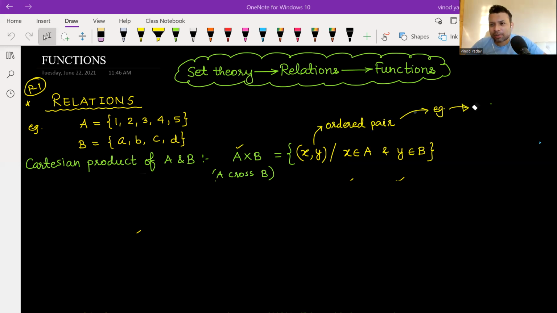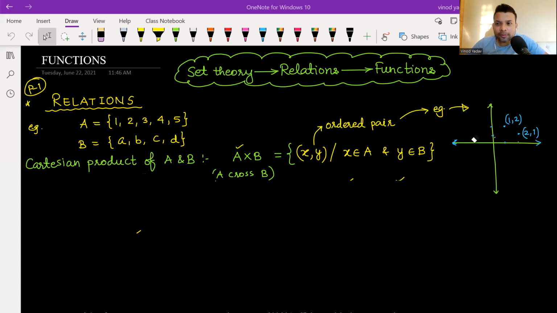Let's see a simple example through the graph. If I choose two numbers, 1 and 2, the order in which I write 1 and 2 is important, isn't it? Because 1 comma 2 and 2 comma 1 both contain the same numbers, but the order is different. Does it mean that both of them will represent the same point on the plane?